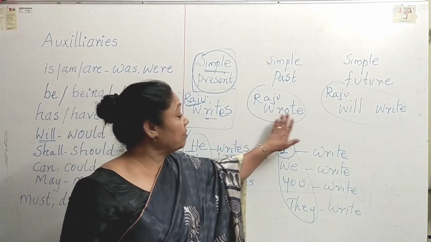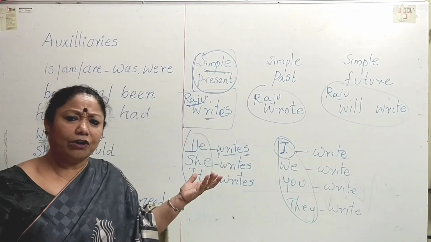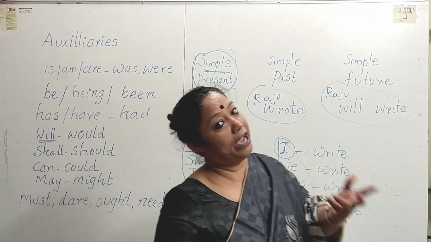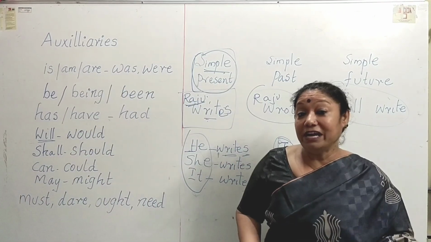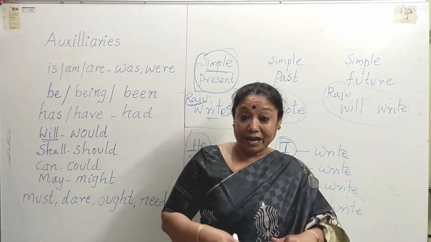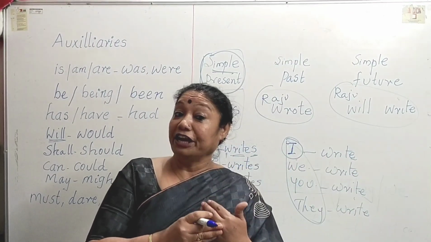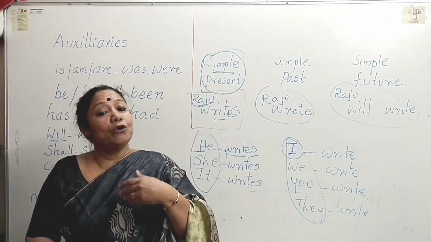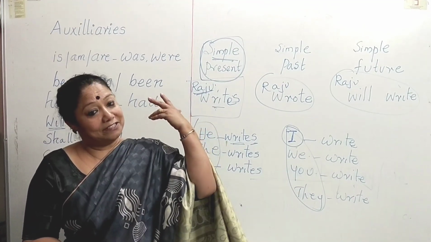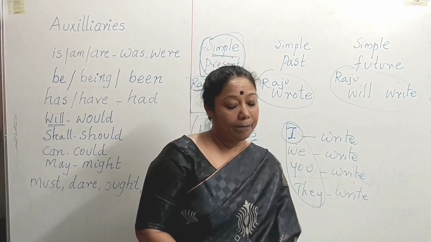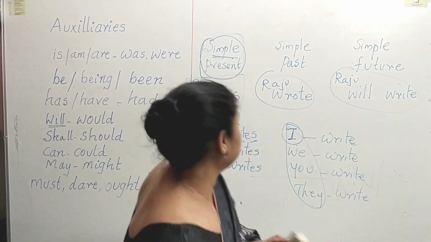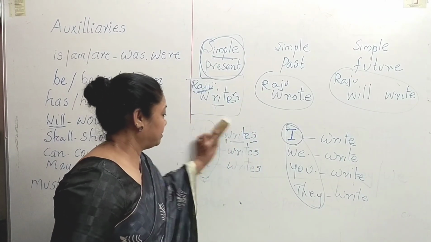Here nothing, it remains the same. Just yesterday, what you have done. Today I eat, yesterday I ate, tomorrow I will eat. Today I write, yesterday I wrote, today I speak, yesterday I spoke, today I dance, tomorrow I will dance, yesterday I danced. These are simple present tense, simple past tense, and simple future tense.